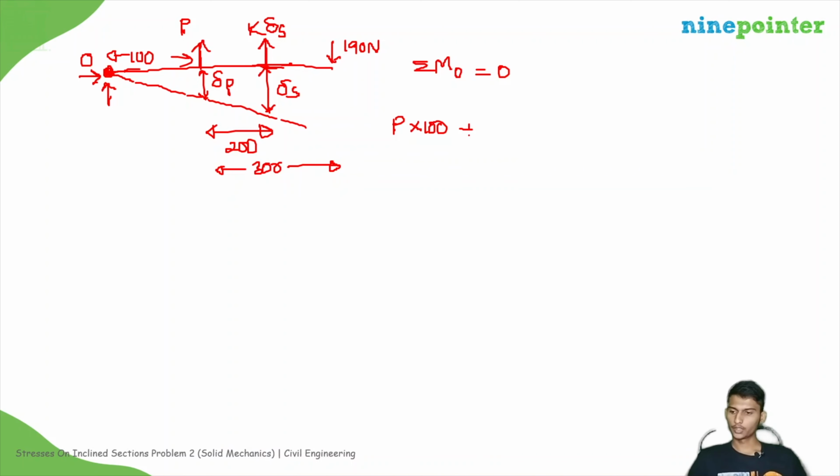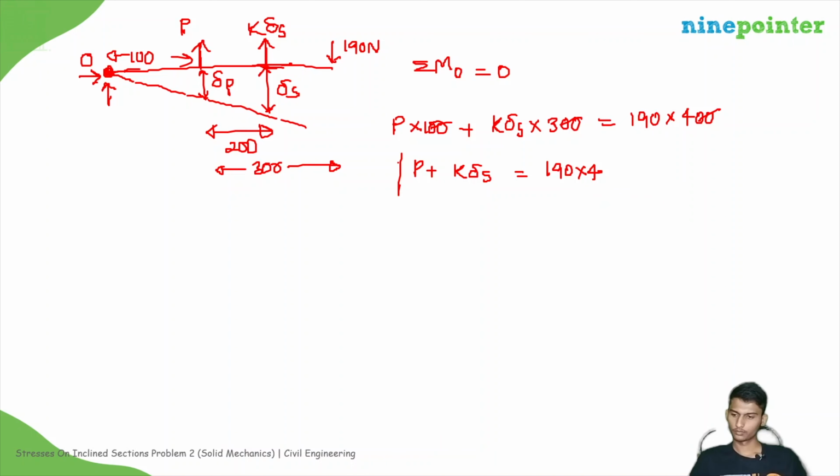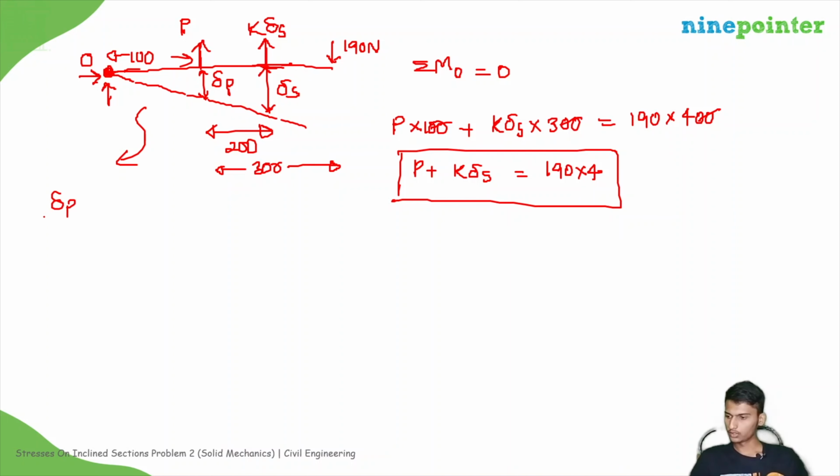So P into 100 plus K del S into 300 is equals to 190 into 400. The 100s cancel, and we get P plus 3K del S is equals to 190 into 4. From similar triangles, del P divided by 100 is equals to del S divided by 300. So del S will be equals to 3 del P.